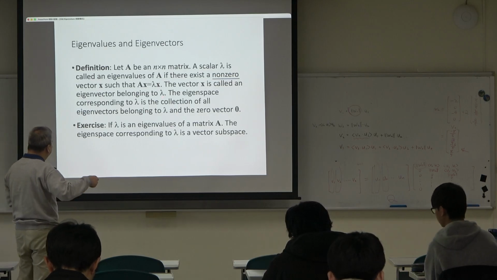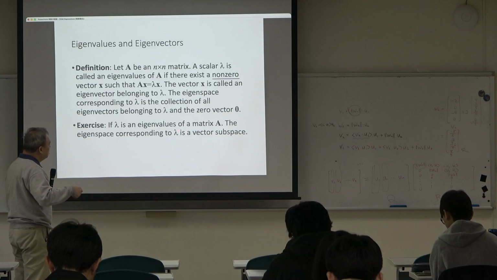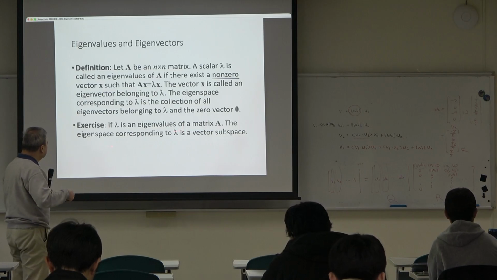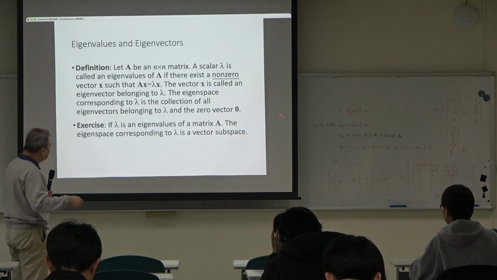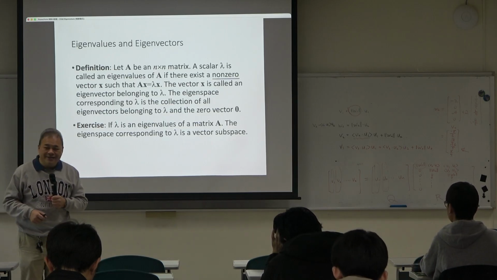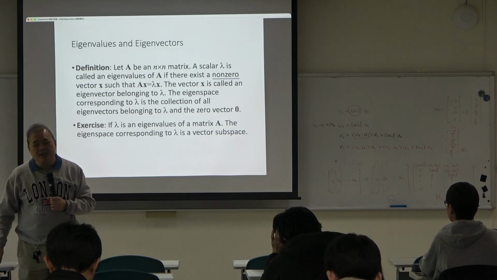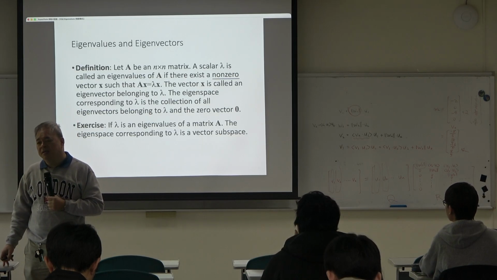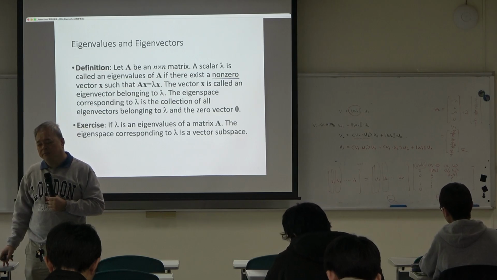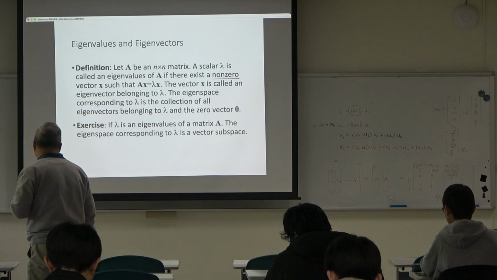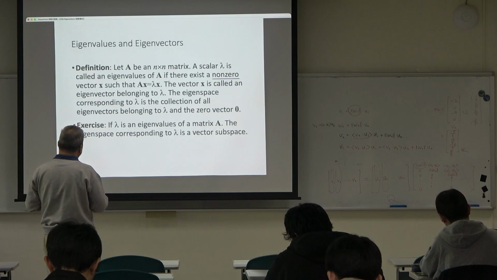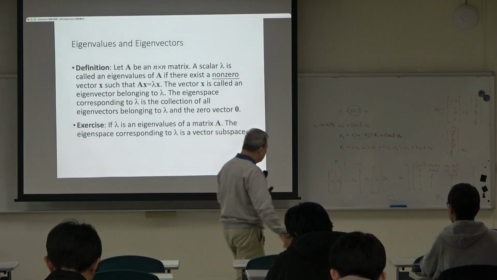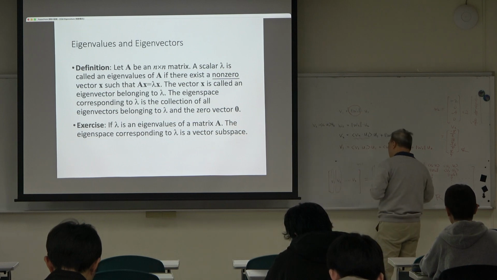By the way, if lambda is an eigenvalue of matrix A, the eigenspace corresponding to lambda is a vector subspace. Can you show that? What is the definition of a vector subspace? Do you guys still remember?